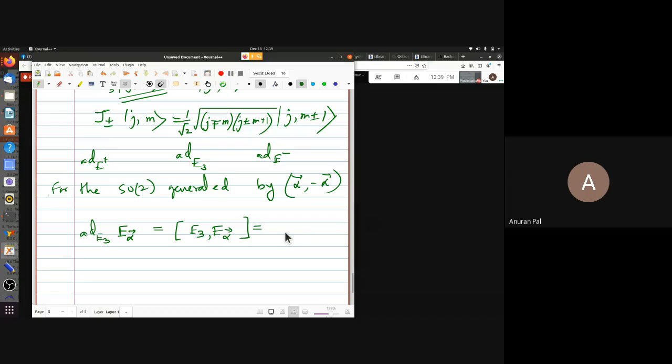E alpha plus E alpha. How do you get that? We use E3 equal to alpha dot H by mod alpha square. So here alpha dot alpha by mod alpha square comes out, right? So E alpha definitely forms, well, this corresponds to M equal to 1 in the SU2, right? Eigenvalue M of 1.